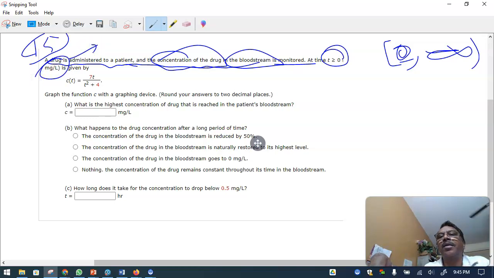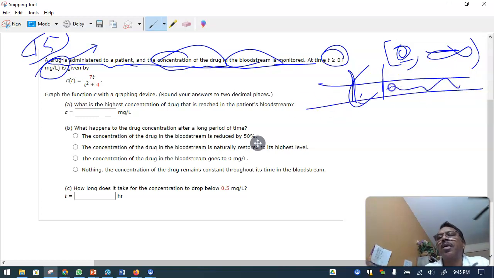So for every liter of the blood, this is the bloodstream, how many milligrams of the drug administered remains.